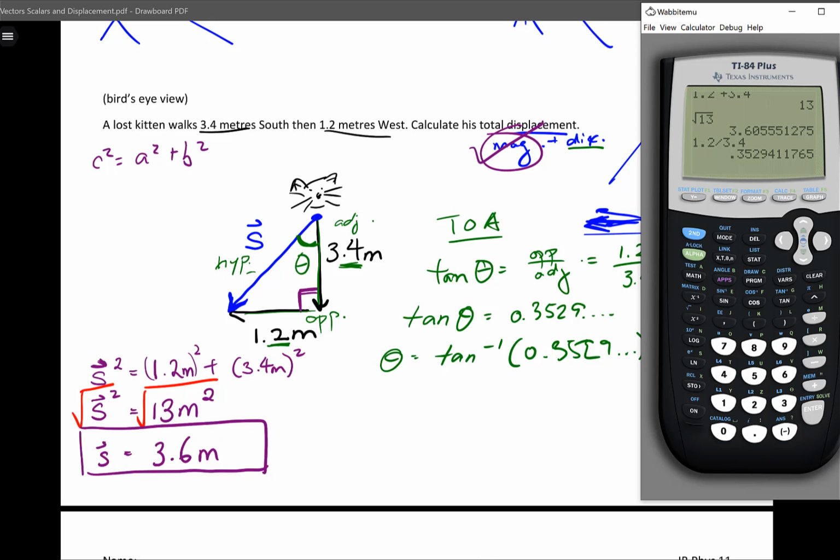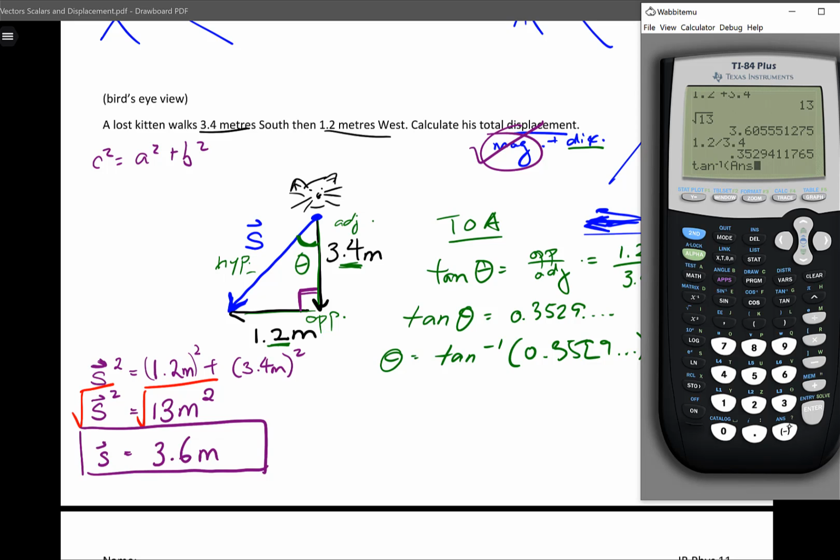Okay, so let's see what we can do. Now on your calculator, I'm not sure if you have this function, but if you do have a graphing calculator, you can easily use this. So we need the inverse tan. Second tan gives our inverse. Now how do we take that number up here and insert it back in? We can use second, and down here this blue thing says answer.